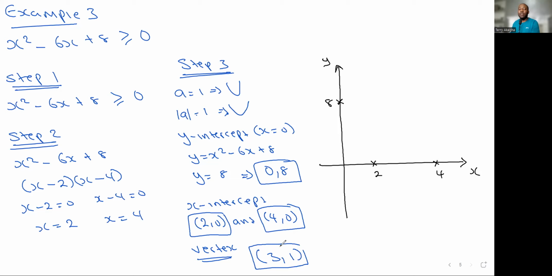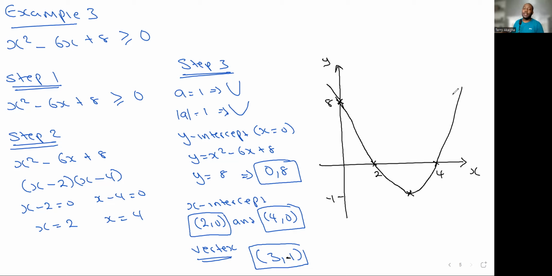And the vertex is at 3 and -1. So let's assume this is 3 and this is -1. Then you draw it down, joining all the points together. So you see you're going to have this graph here, and that is a smooth curve.